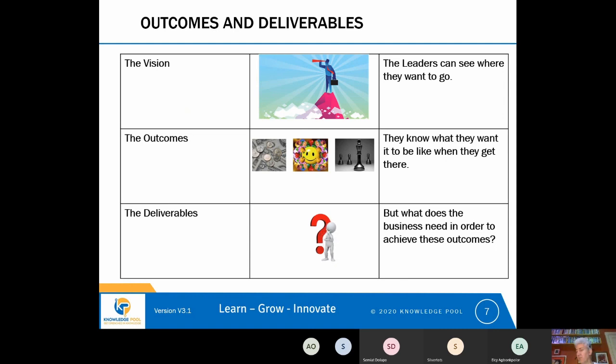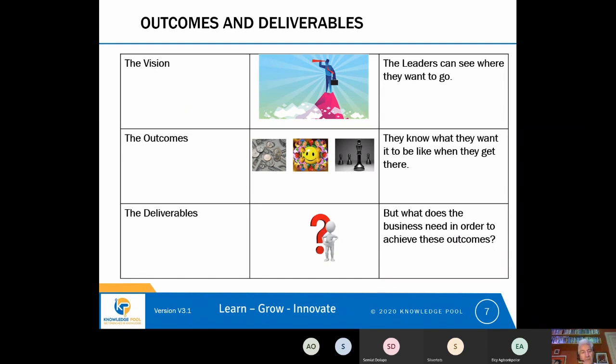These are the sorts of outcomes that you might want from a particular project. And once we've identified what the outcomes are that we need, whether those outcomes are more profit or dominance of a particular marketplace or a better work-life balance for employees or the directors, we need to think about then what are the actual deliverables necessary in order to achieve those outcomes.